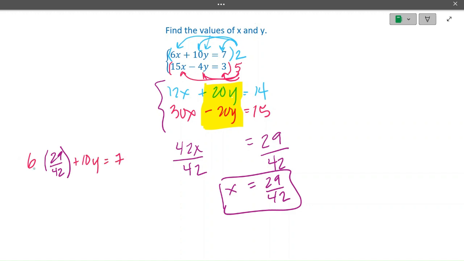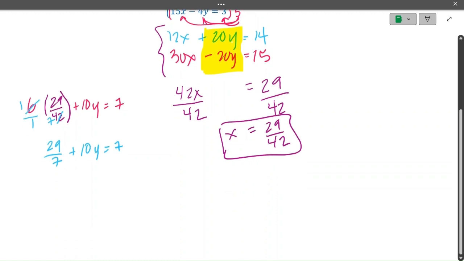So first things first, I'm going to put a 1 underneath my 6. I'm noticing that I can cross reduce 6 and 42. So 6 goes into 42 7 times. If I divide 6 by 6 and 42 by 6, I've got a simplified answer there. So I have 29 over 7 here, because 1 times 29 is 29, 1 times 7 is 7, plus 10y equals 7.